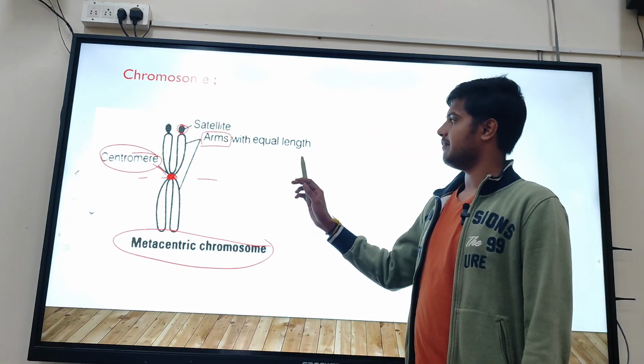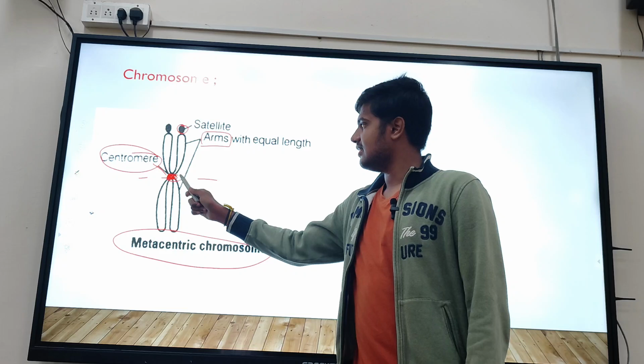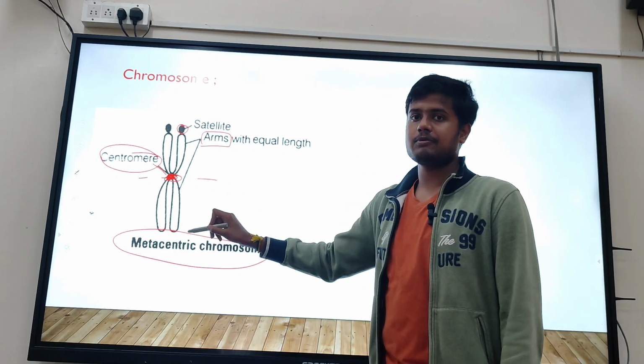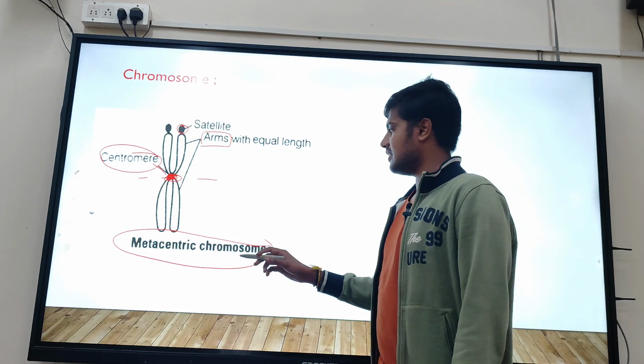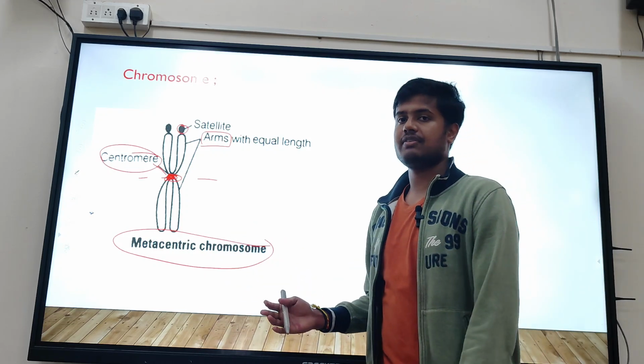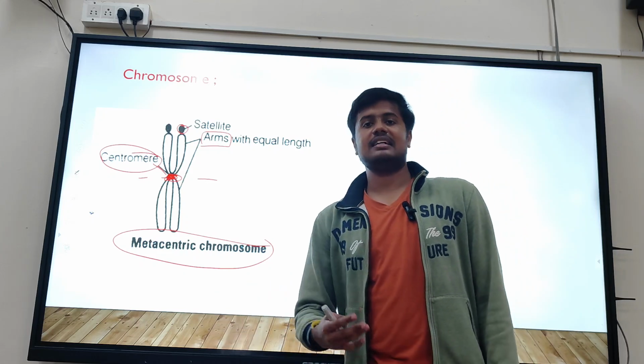Metacentric chromosome means the centromere is located in the middle of the chromosome, where both arms are of equal length. Therefore, it is called a metacentric chromosome. Let's study different types of chromosomes in the cell division part.